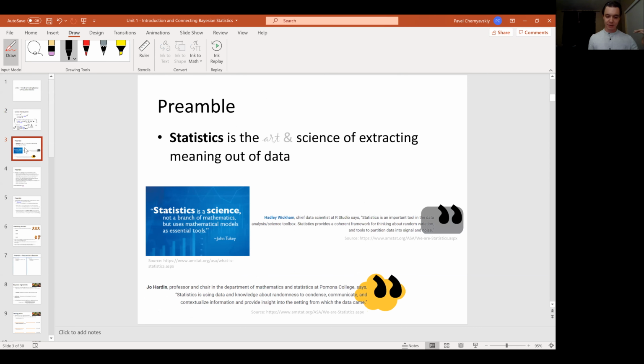And specifically art and science, especially when we start talking about Bayesian analyses and we start talking about the concept of prior distributions, which literally quantify your prior beliefs, we start to really think about this art component a lot more. Science, well, of course there's a science to it. Something like p-values, which you learn pretty early on, I like to talk about as an accumulation of evidence against the null hypothesis. So there is a lot of both art and science in extracting meaning out of data.